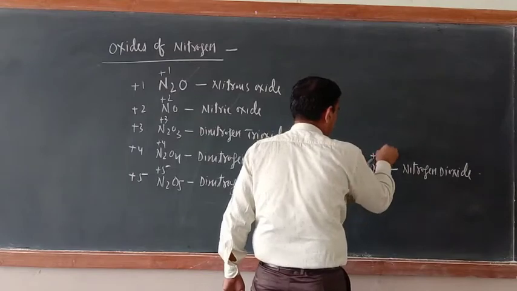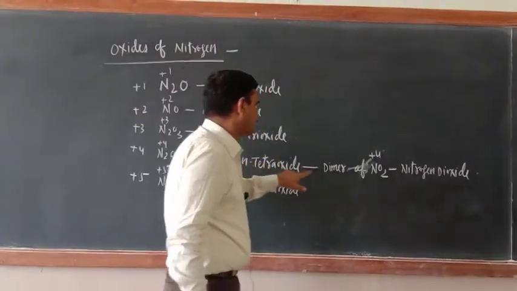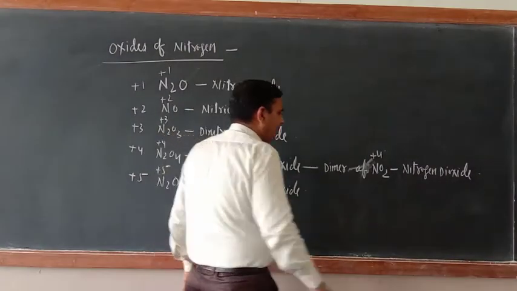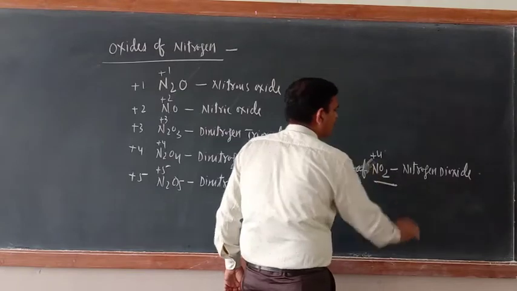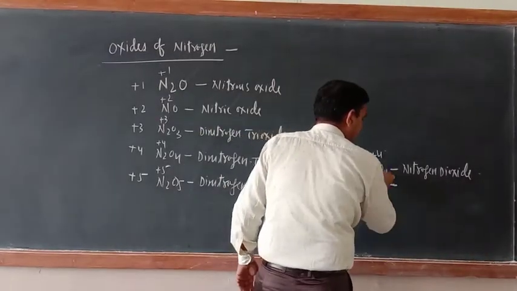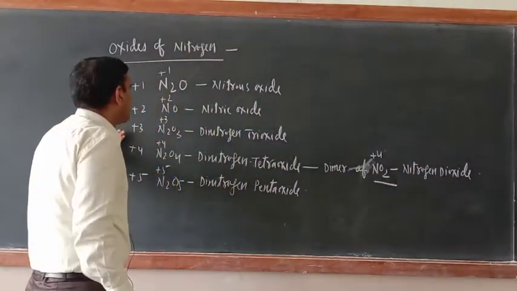Oxidation state is +4 only. N2O4 is the dimer of NO2, that is nitrogen dioxide. This is a reddish brown color gas. Okay. So this is the introduction.